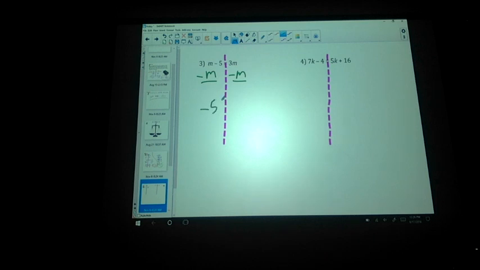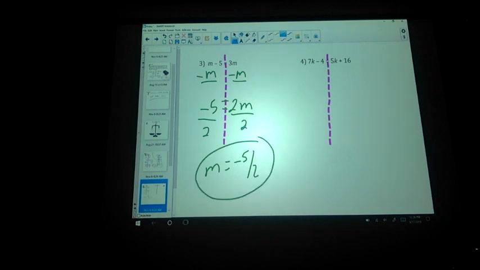So I get negative 5 is equal to 2m. All right. Divide each side by 2. So I find that my answer is 5 over 2. We can leave it just like that. We don't have to change it to a mixed number. Okay?